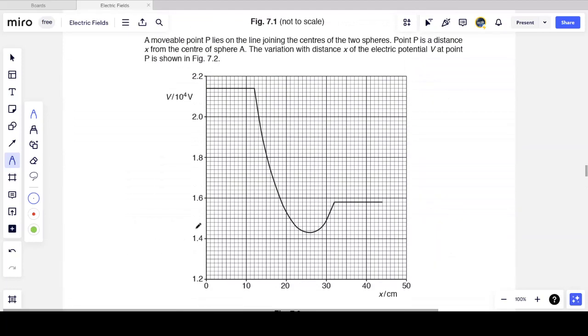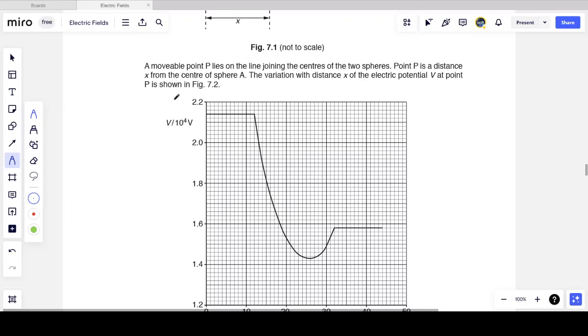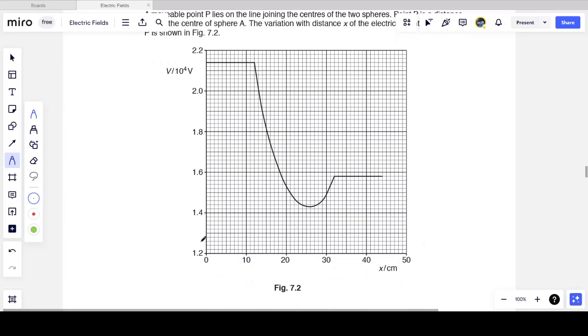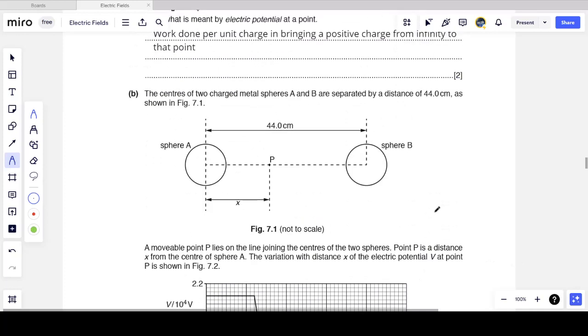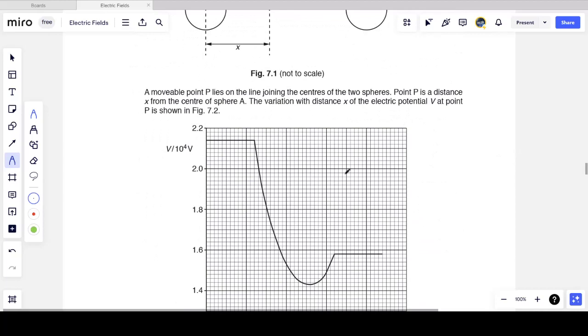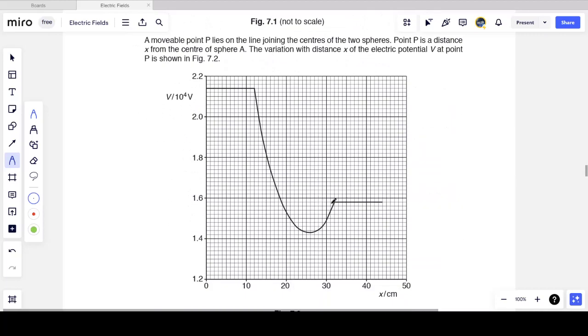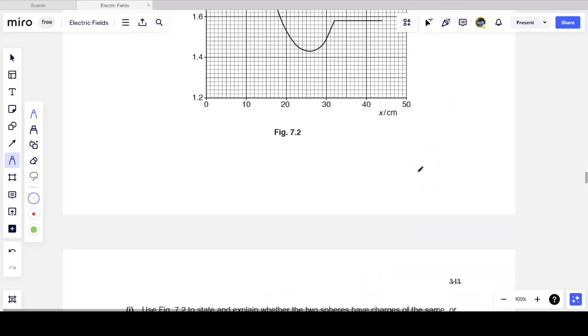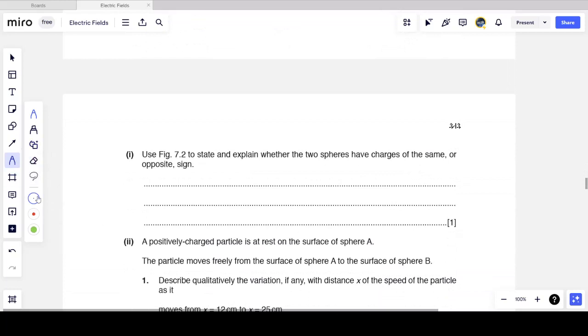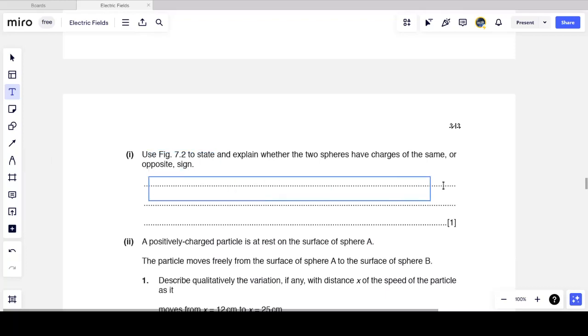Now, if I think about the previous question, if I look at this, the potential is always positive. It never cuts the horizontal axis. It never goes to a negative value. That means that if the sum of the potential at A and the sum of the potential at B is always positive, even when I get close to the smaller value, which looks like it's closer to point B, this means that both of the spheres must be positive, because the potential is always positive.